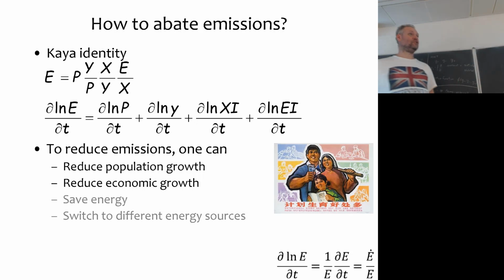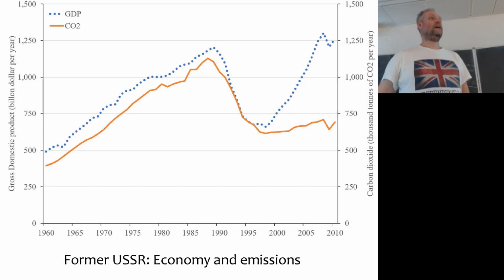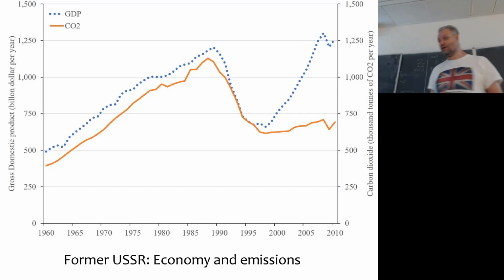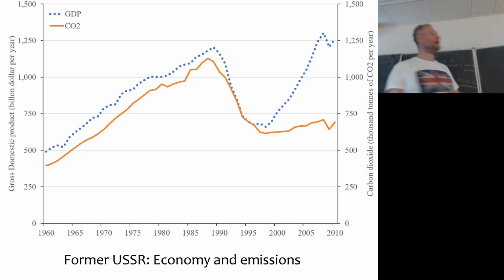The next thing you can do is reduce economic growth. Very effective. What you're looking at here is the GDP of the former Soviet Union, which at one point collapsed when you guys were very young. Oh, were you even born? You were born, right?